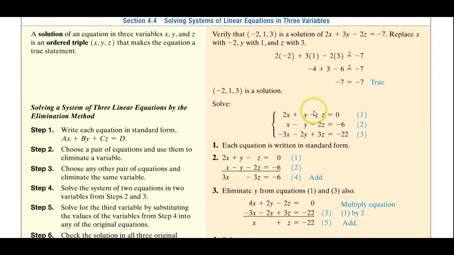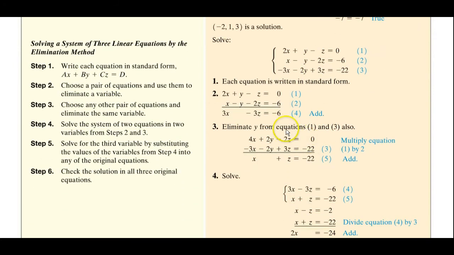Now, we didn't do any with 3, but basically, if you had them set up, you're looking for equations where you could cancel out one of the letters. So here, this is equation 1, this is equation 2. Can you see that if you added these first 2 equations together, the y's would cancel out there? Then you'd have an equation with only x and z.